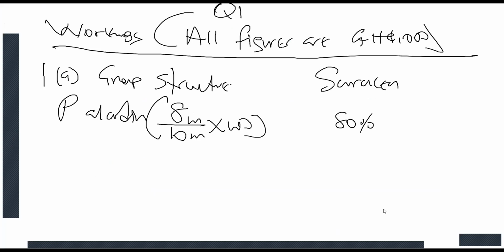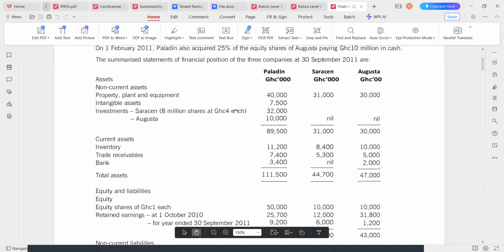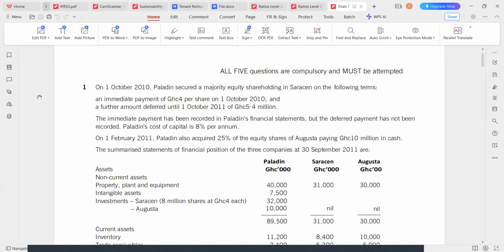Again, there was another company, Augusta. Okay, so it says that on 1st February 2011, Paladin also acquired 25% equity shares of Augusta, paying 10 million.